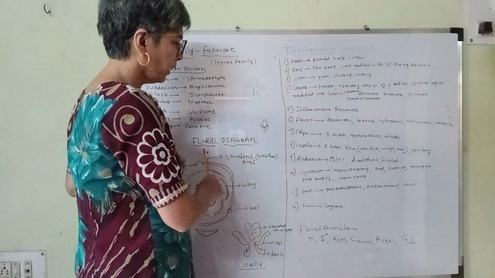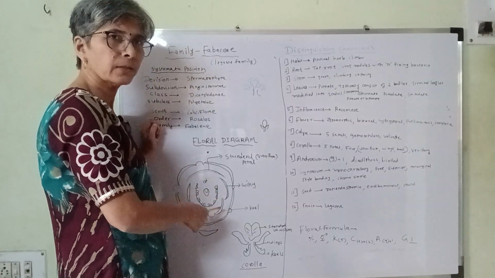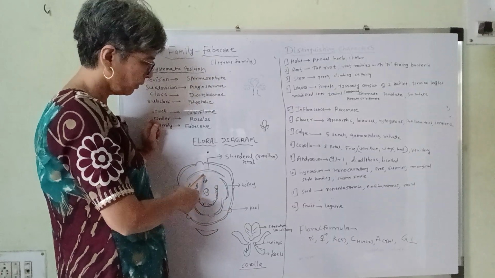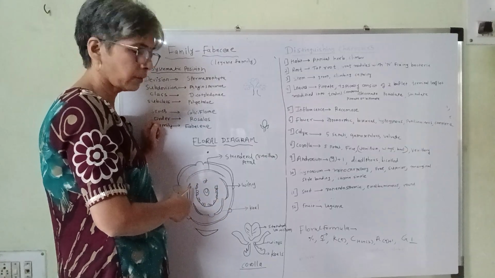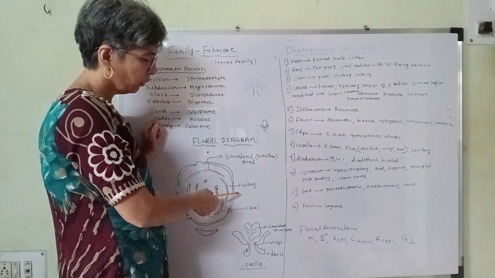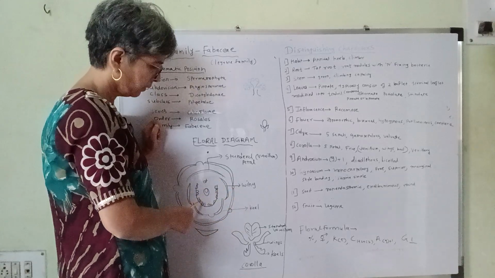Then floral diagram consisting of outermost calyx 5 in number united, corolla consists of 5 petals, 1 vexillum, 2 wings, 2 keels are united.